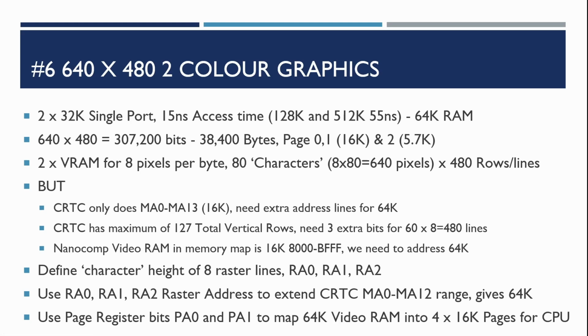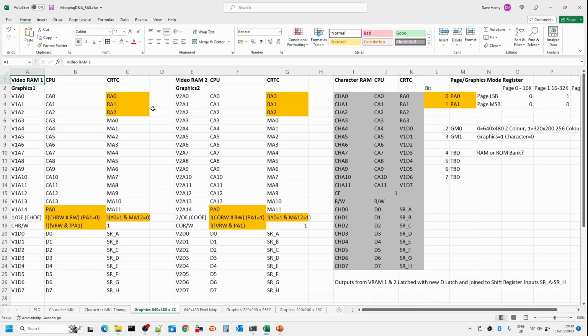What I'll just show you is an Excel sheet that I used in the previous videos to look at the character definitions for how we wanted to do the timing and the data and address lines for the character, and I've updated this for the 640 by 480 graphics with 2 color.